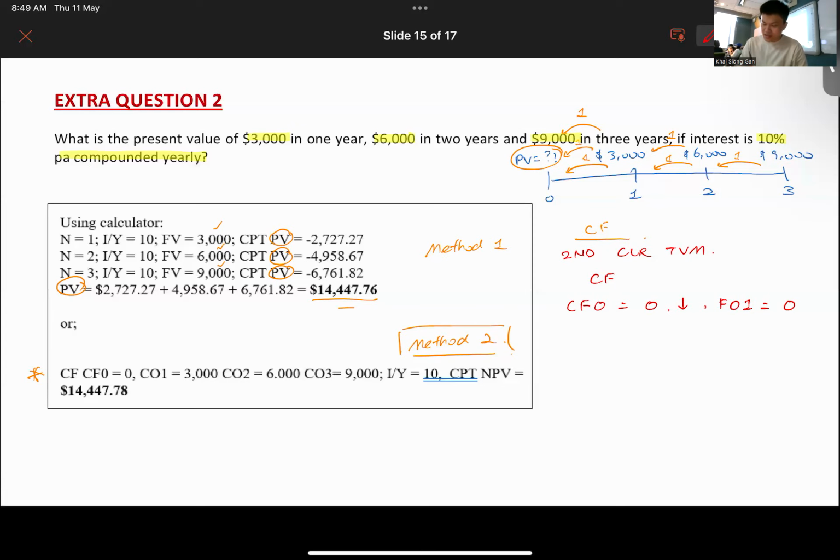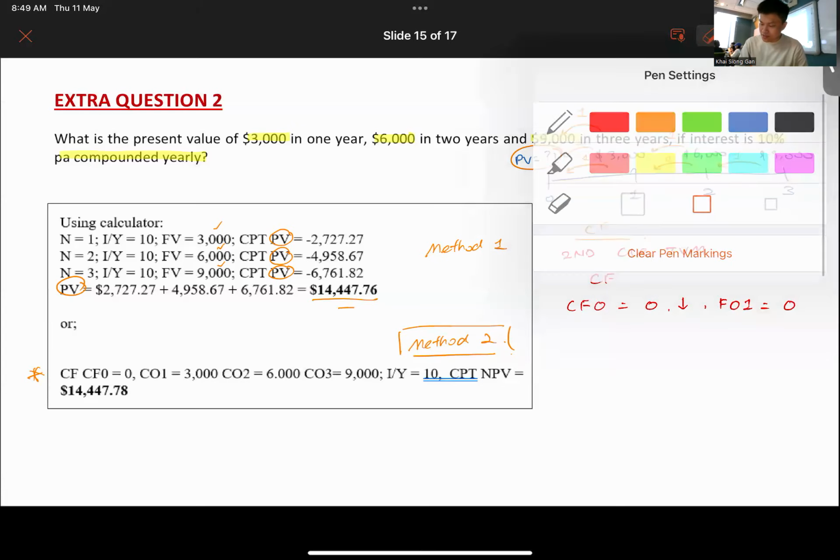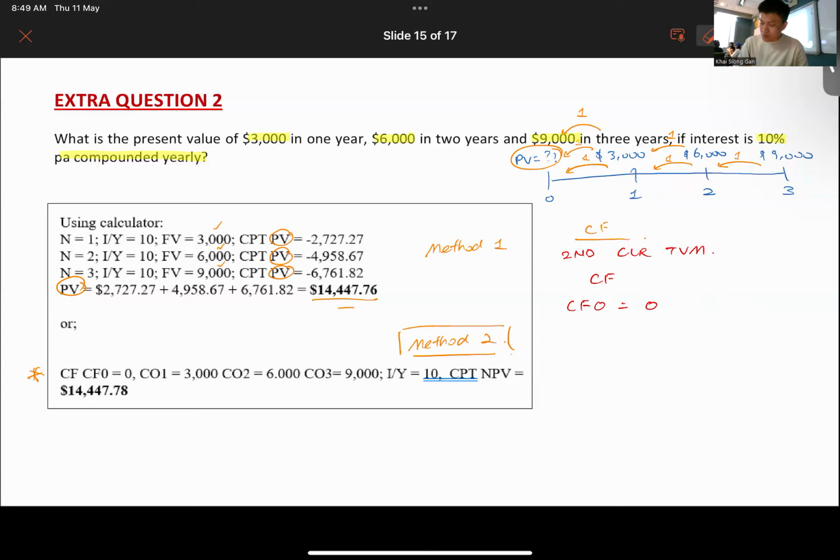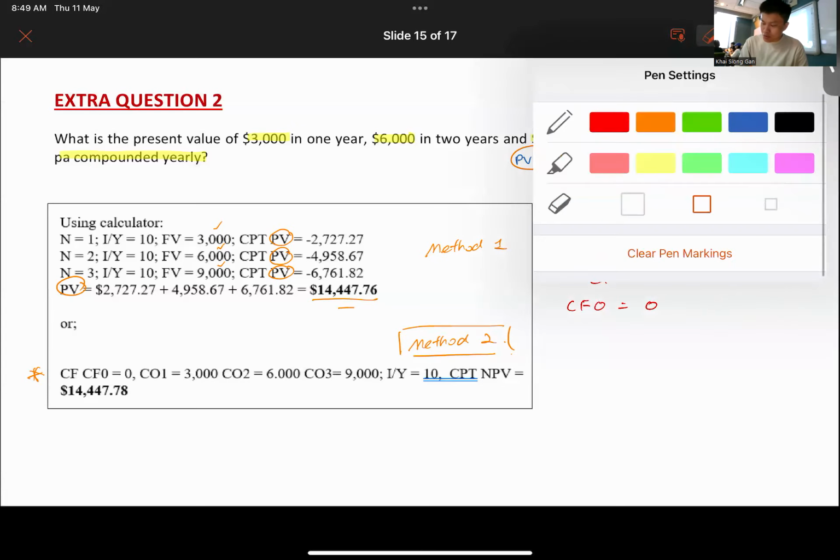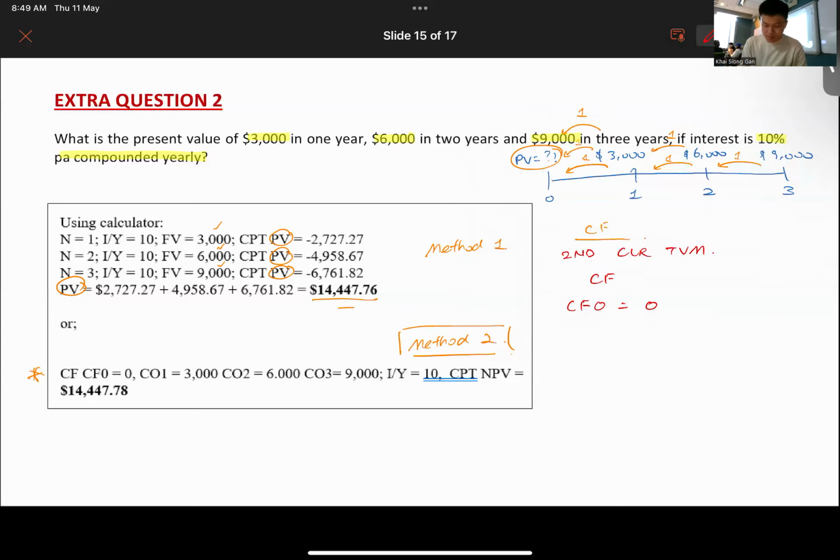Sorry. Again, sorry. I missed out something. Hold on. Okay. When you press CF0 already, it won't go to F0 first. CF, then CF0 is 0. Okay. And then you press go down. Okay. C01. C01, you key in 3000. Okay. You key in 3000.